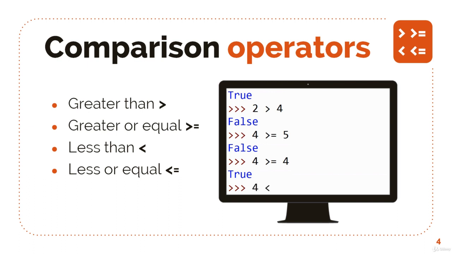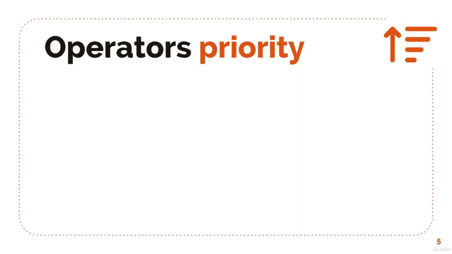And they do exactly what you think they would. They check if a value is less than the other value, or if a value is less than or equal to another value. Pretty straightforward, right?